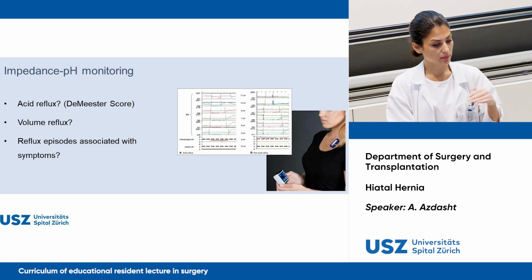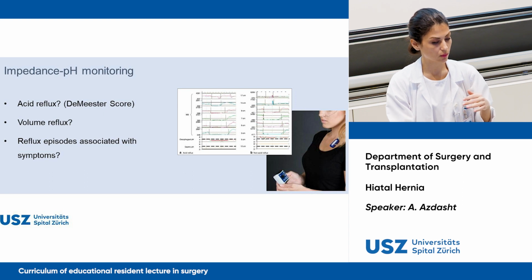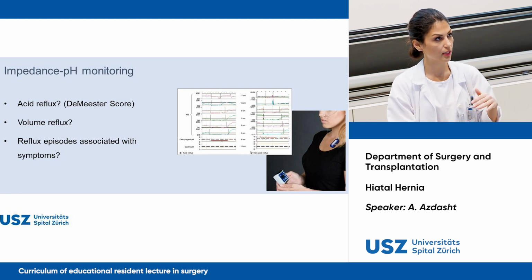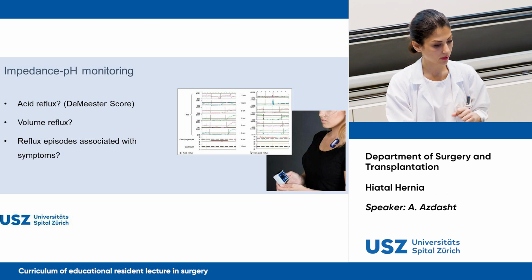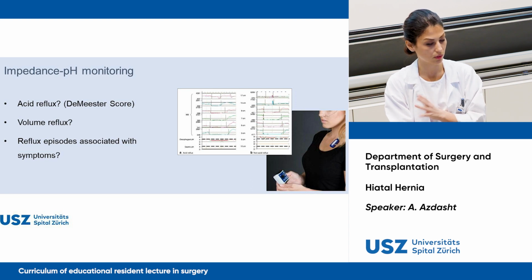And this impedance pH monitoring can detect whether in this situation the patient has acid reflux or is it just a volume reflux. So he can have volume reflux and be symptomatic without it being of any acidity. So it detects the reflux episodes that are associated with the symptoms.